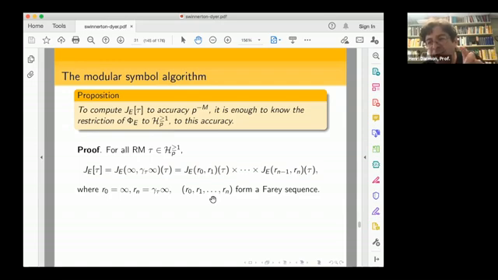And a Farey sequence is simply a sequence of rational numbers where if you take the numerators of the successive differences expressed in lowest terms, then that numerator is always plus or minus 1. And the nice thing about consecutive rational numbers in a Farey sequence is that they're all SL2Z equivalent to the pair 0 infinity. That's pretty obvious.